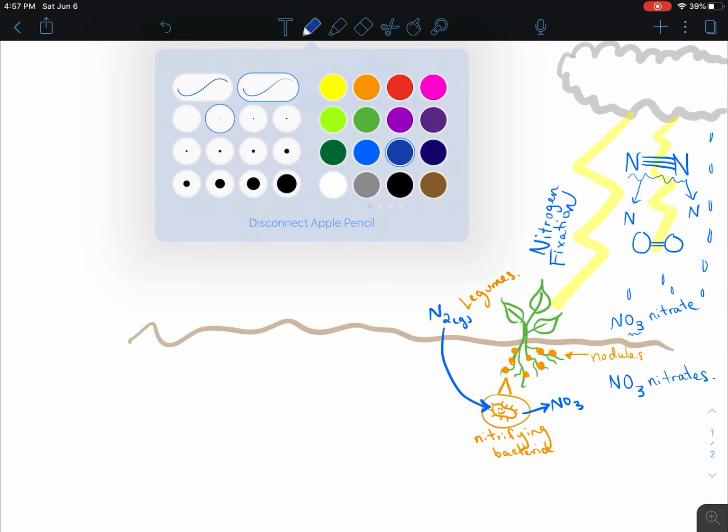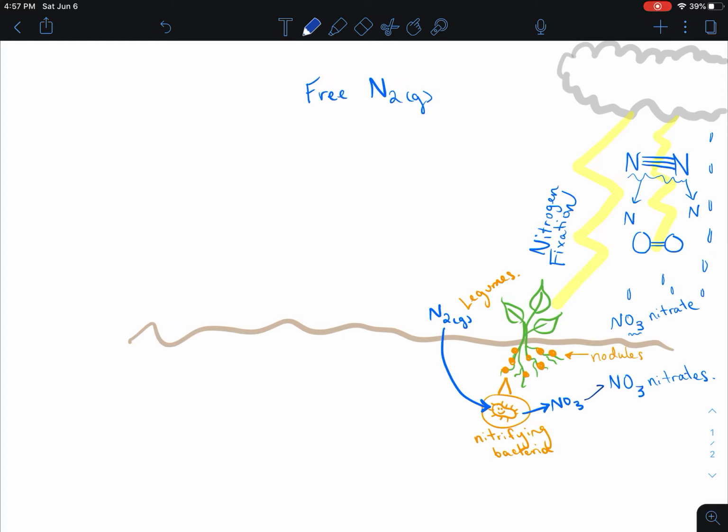So those nitrates can now be taken up by plants, and so some of this nitrate will actually go into the legume and it becomes assimilated. It becomes a part of that plant's proteins and DNA. And so we would call this a symbiotic relationship between the bacteria and the legume plant because they're helping each other out. Okay, so that's kind of the first starting point.